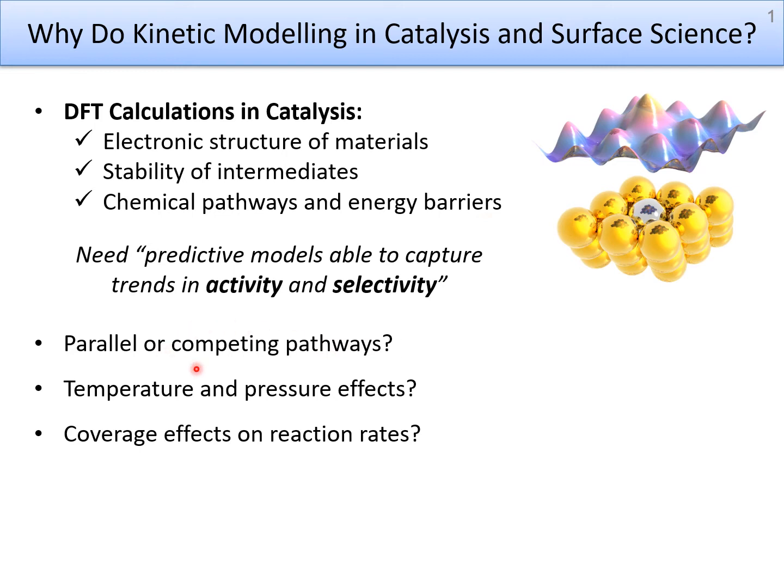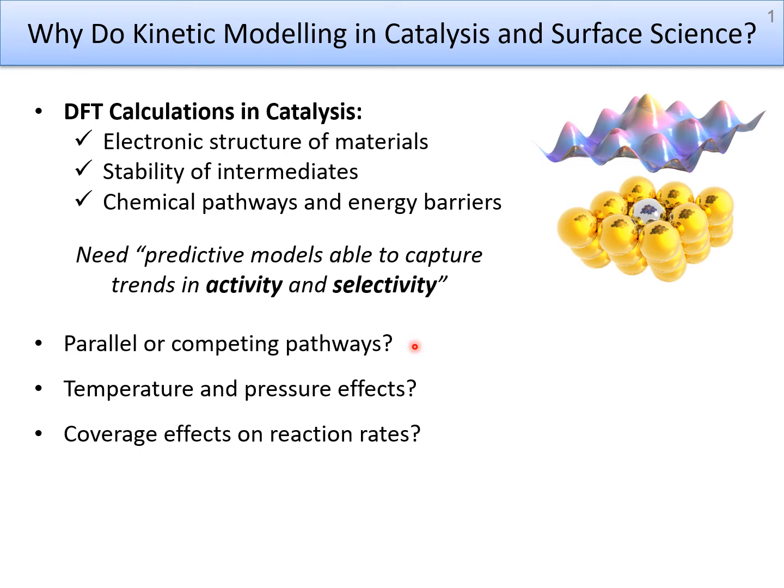There may actually be competing pathways which give rise to different products, some of which may be more desirable than others. Some products may even be completely undesirable because they may result in poisoning, for example. So this source of complexity gives rise to considerations about, for instance, the selectivity of our catalytic material.